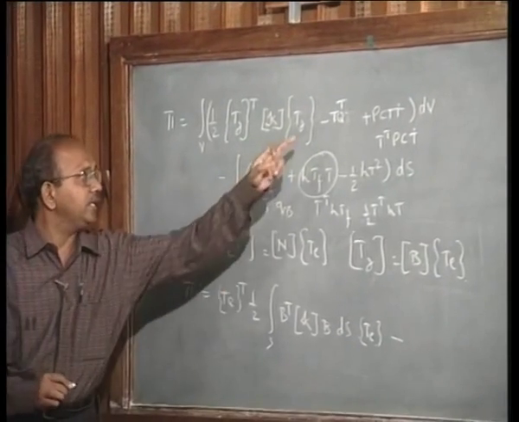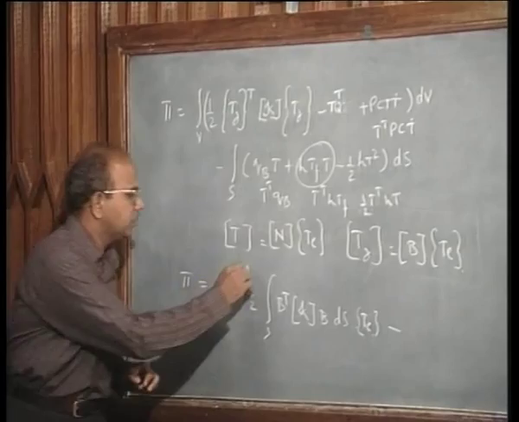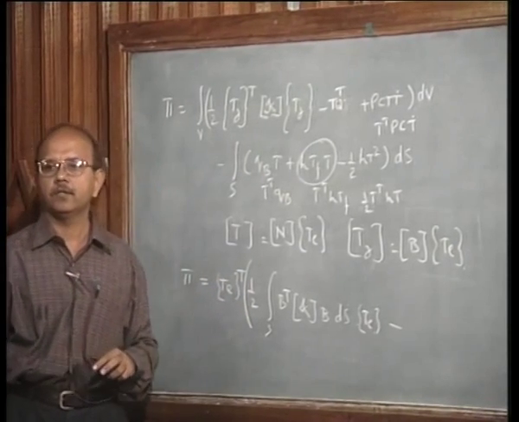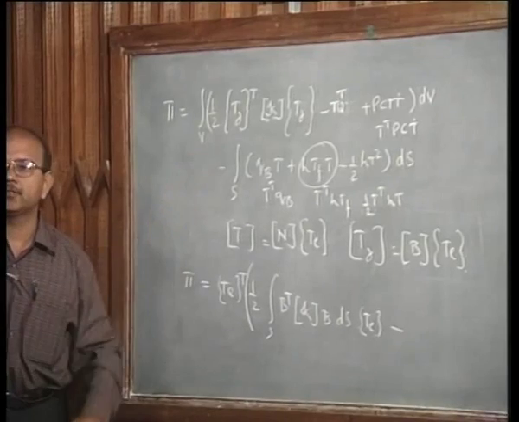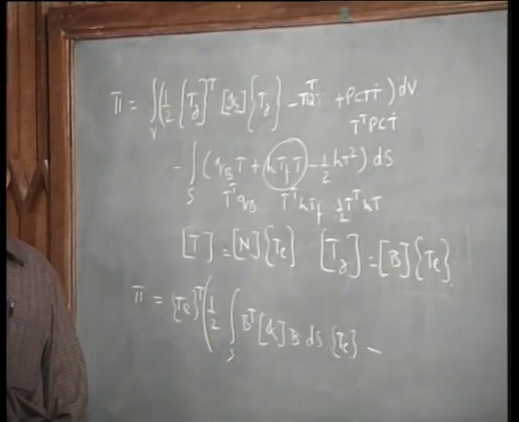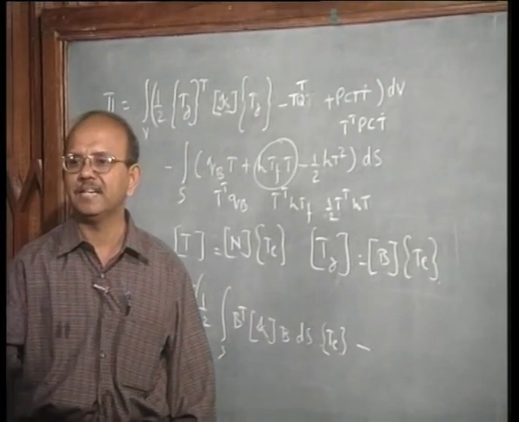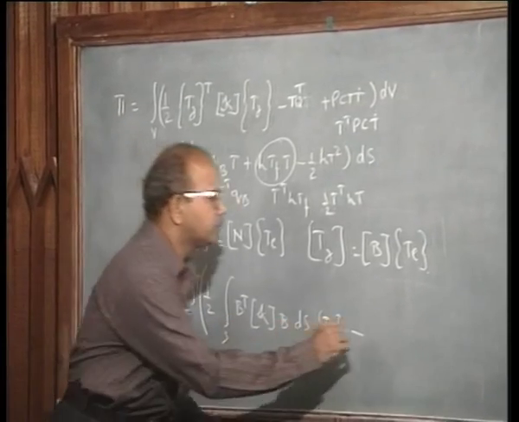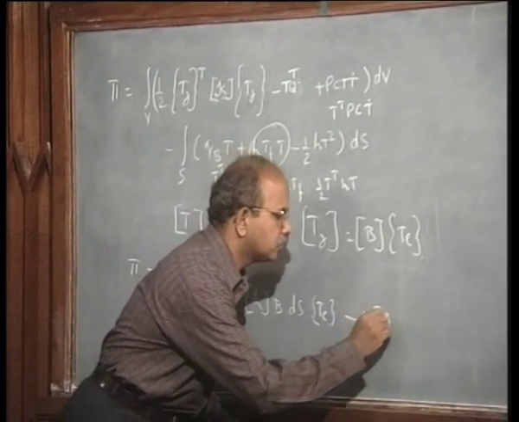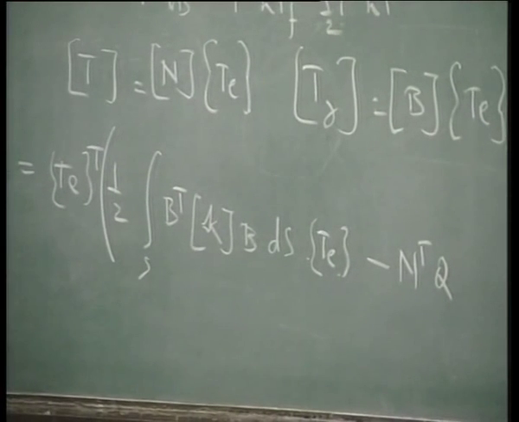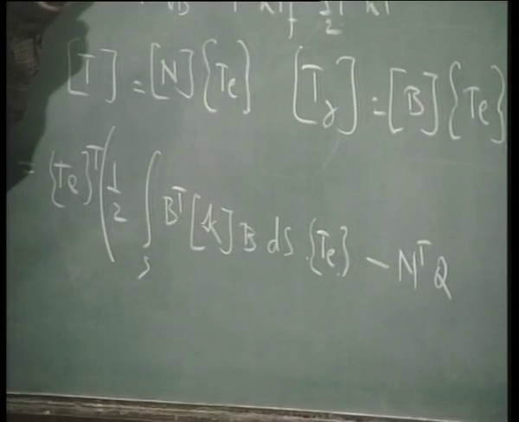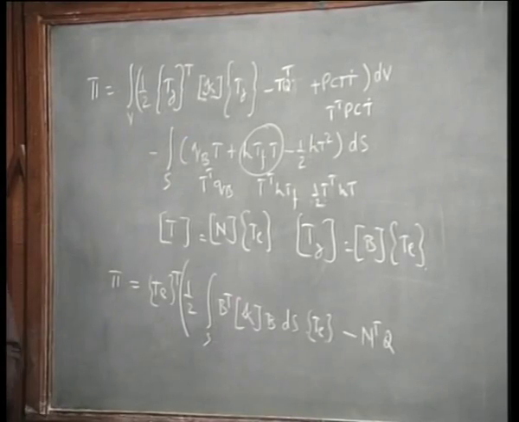So T E transpose, I think I will put a bracket here. Now T transpose Q now becomes T transpose N transpose, so this becomes N transpose Q, and T transpose rho C T dot.